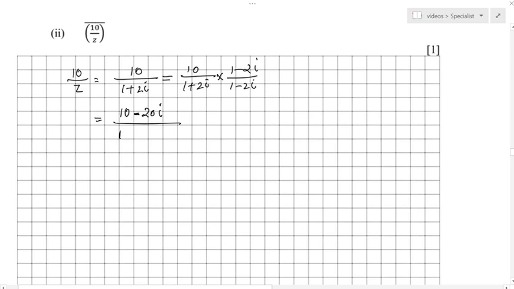So 1 times 1 is 1, and then minus 4i squared, since 2i times minus 2i is minus 4i squared. And then you get the imaginary part by multiplying imaginaries with the real. So that's minus 2i plus 2i.